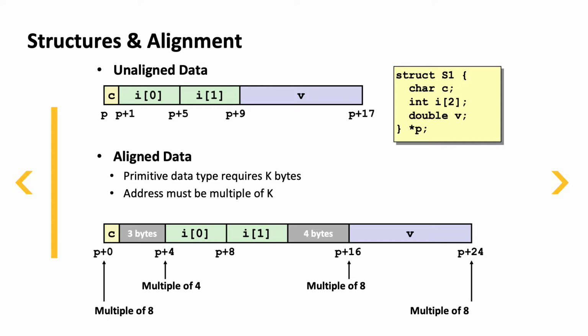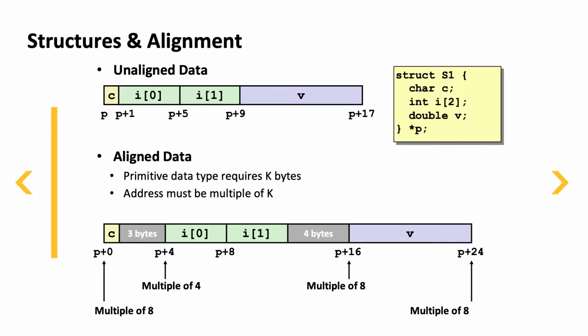But when we look at how it would actually get laid out in memory, we'd have our C, but then we've got those integers, and those integers have to start at a multiple of 4. So we're going to have 3 bytes of wasted space between the char and the first integer. Then we have our double, because that's 8 bytes.